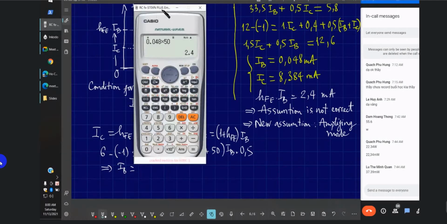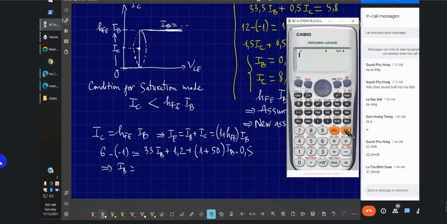So I open my calculator to do it. This one is 33, plus 51 divided by 2, multiplied by 0.5, divided by 2, and that is our IB parameters.